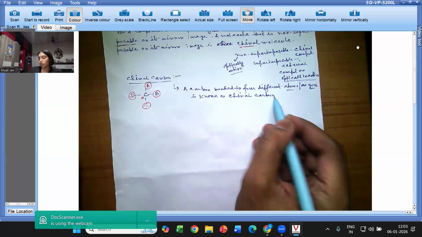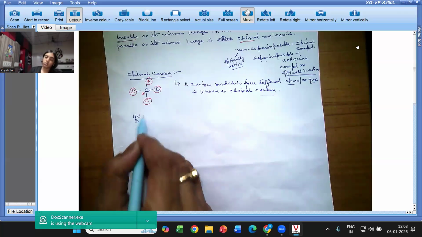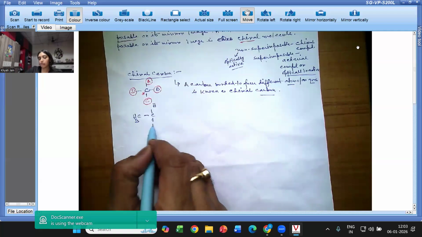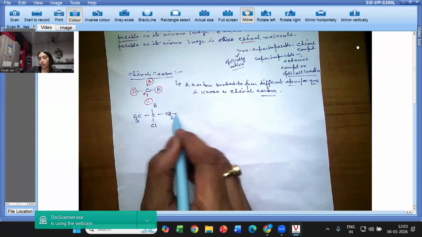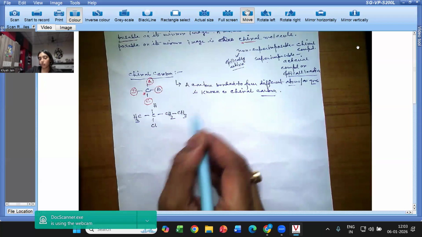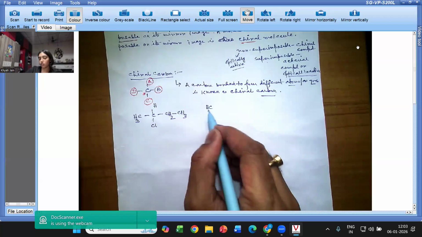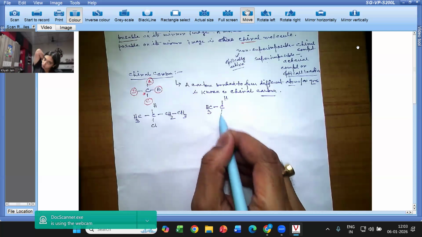Yeah. Now, I'm giving an example. Tell me. Suppose CH3, C, Cl. Tell me how many chiral centers are there? Just check how many chiral centers are there in this molecule.